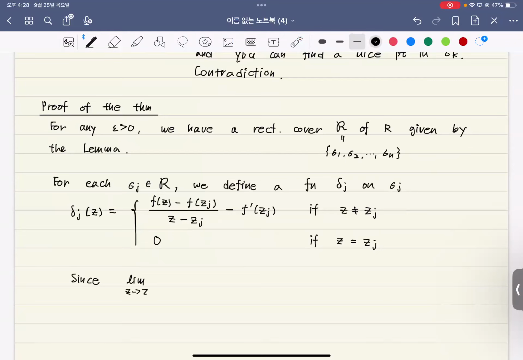As z is getting closer to zj, then delta of z, since my function is assumed to be analytic, must be differentiable at this nice point. So that means this should be 0, right?